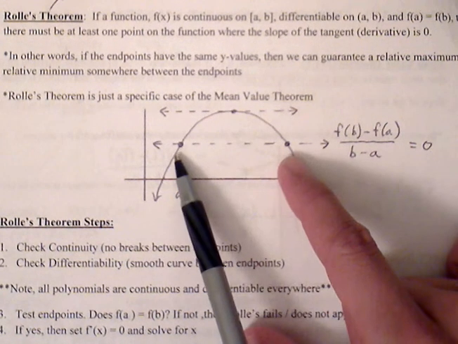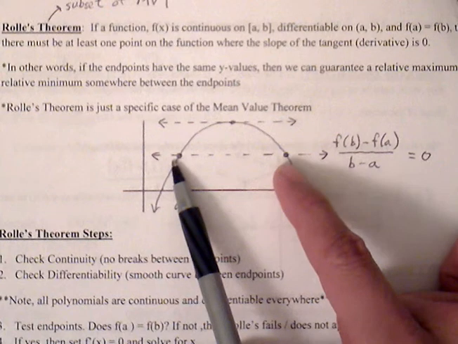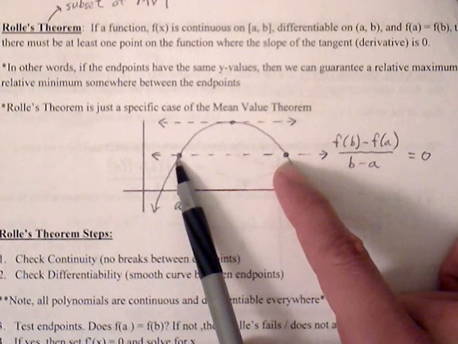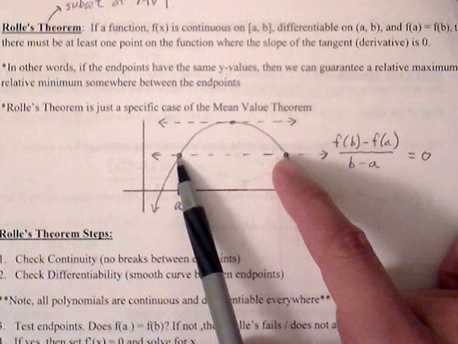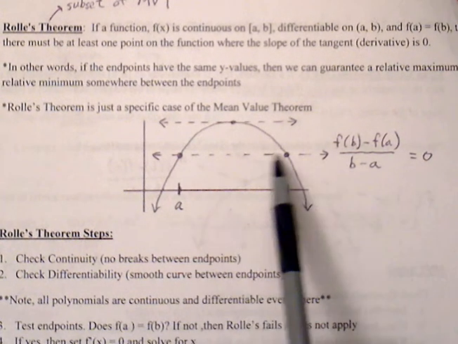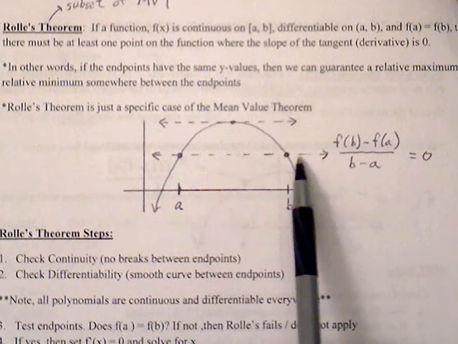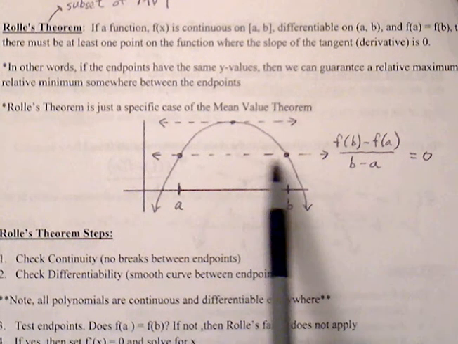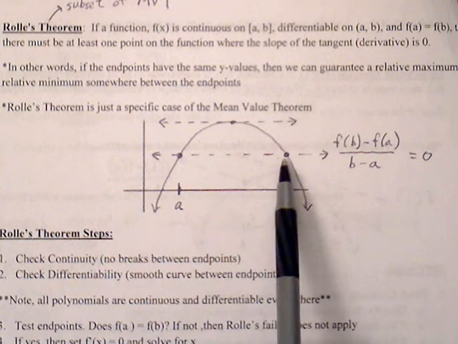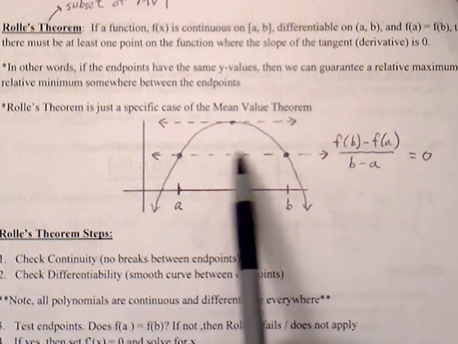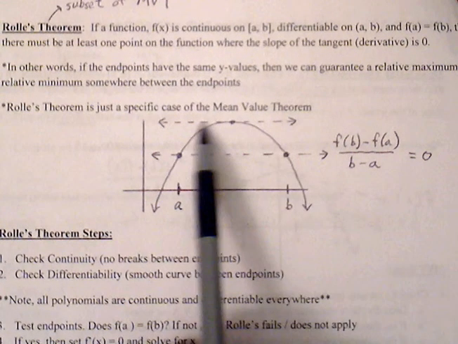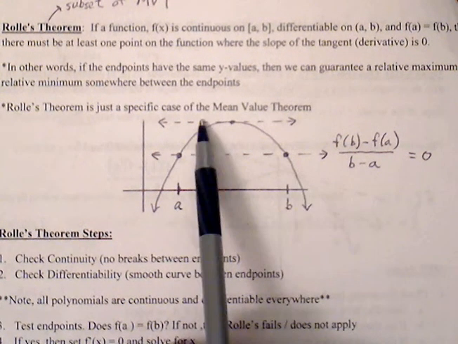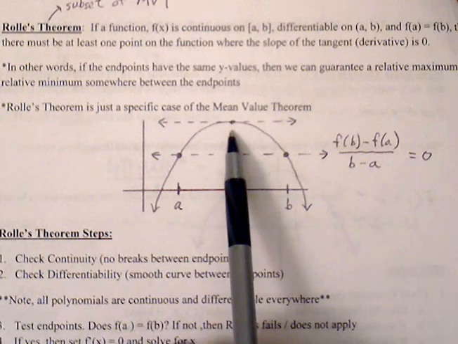Now, if we have the additional condition for Rolle's theorem where the y values of the endpoints are the same, then the average slope between those two endpoints will always produce 0, right? If the y values are the same, then change in y over change in x will always be 0. So if we get an average slope of 0, then we can guarantee that somewhere on the graph there must be another point that is tangent to the curve where the slope is 0.